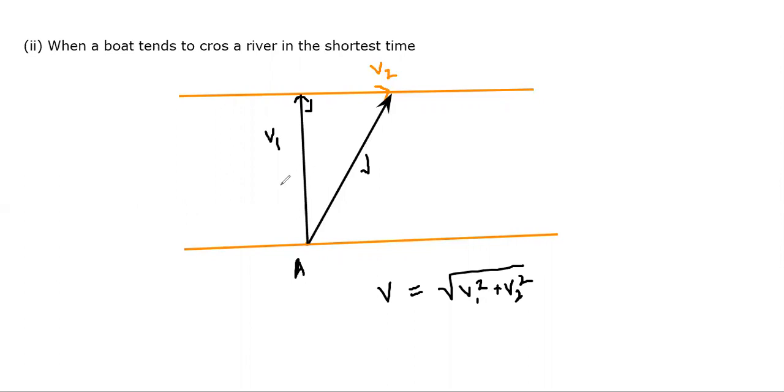Now, it has moved a greater distance. In this case, the distance is not only D, but it has also covered this also. Now, the actual distance, if it is X. Now, the actual distance is this. What would be this distance? This is, again, the hypotenuse. The distance covered in this case would be under root D square plus X square.